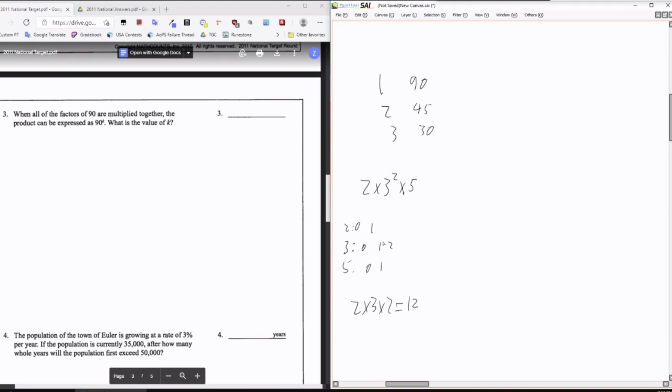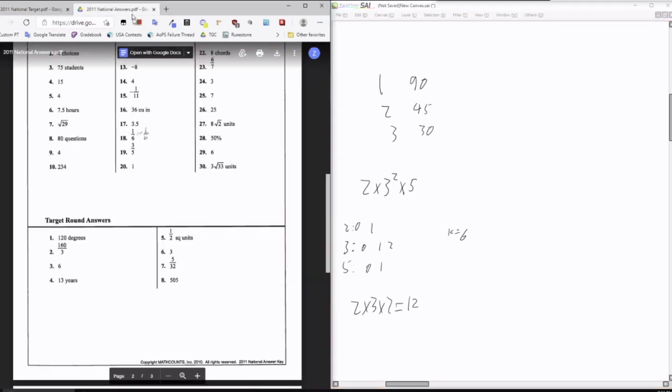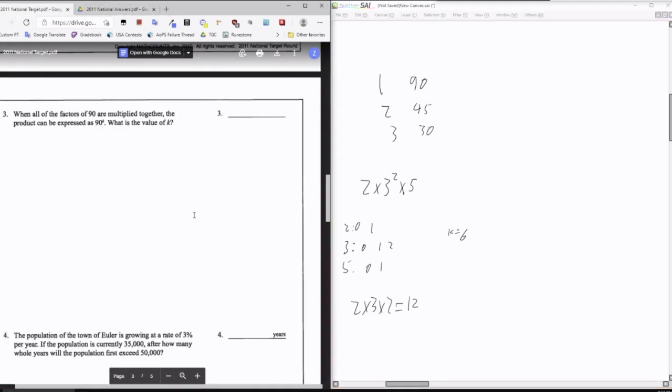So we have 12 factors, and like we said before, we'll just divide this by 2, so 6, and so k will be equal to 6. And yep, that's the right answer, 6.